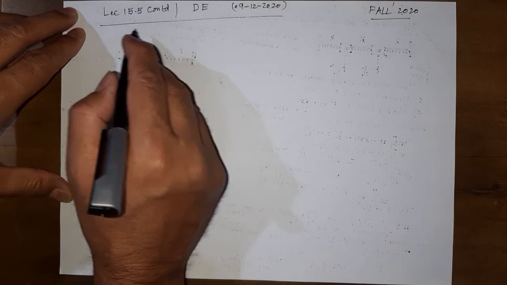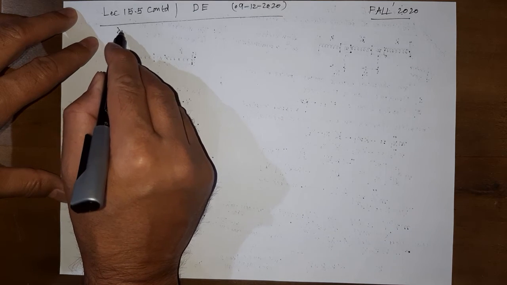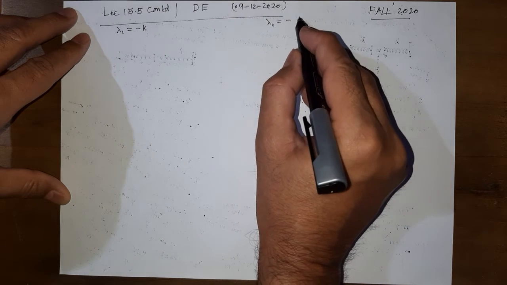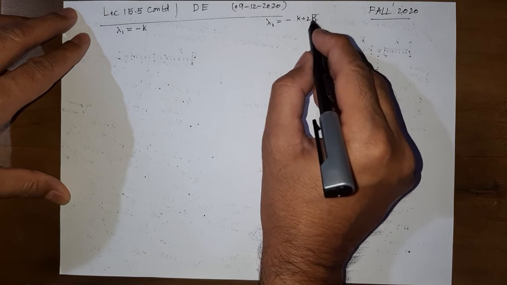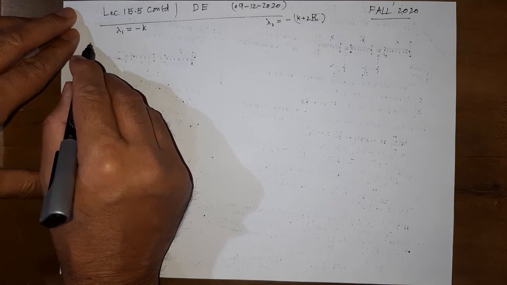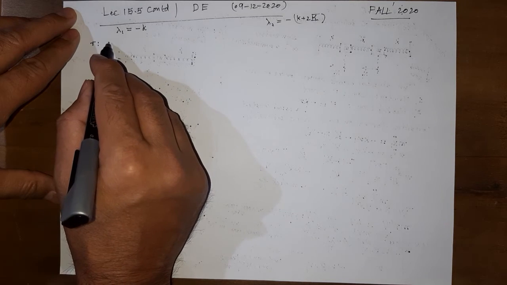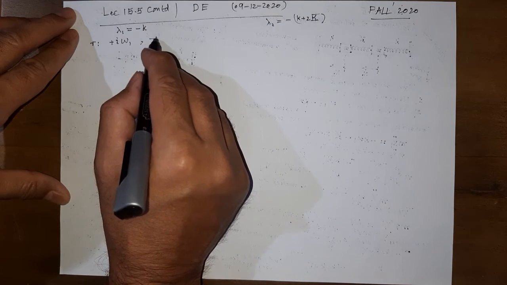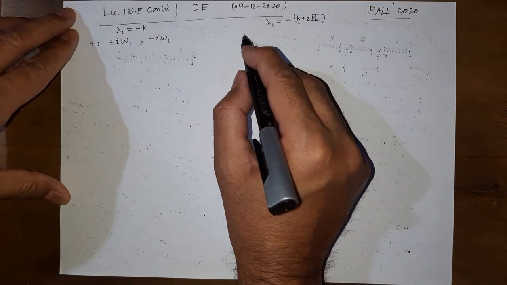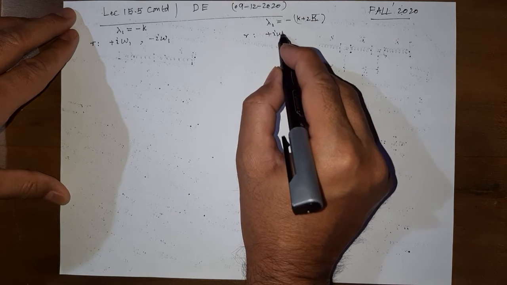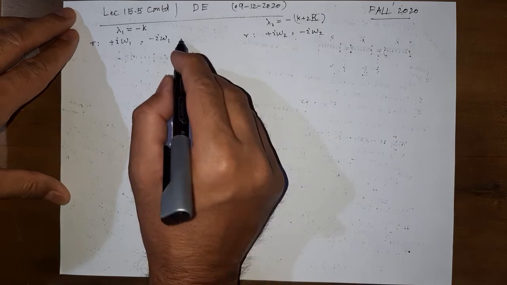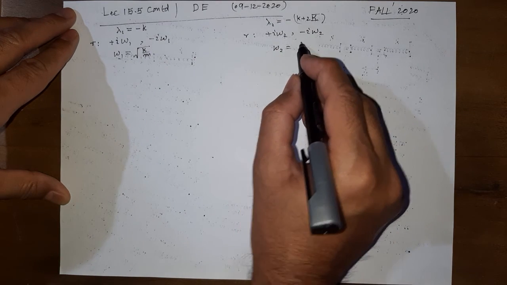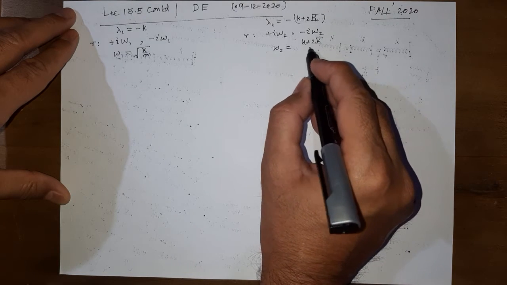But if we were to reach the solution, then you should note that we had lambda 1 is equal to minus k, and lambda 2 is equal to minus k plus 2 times capital K. So for this we got two values of R, plus iota omega 1 and minus iota omega 1, and here two values of R as well, plus iota omega 2 and minus iota omega 2, where omega 1 was equal to square root of k by m, and omega 2 was equal to square root of k plus 2 capital K over m.